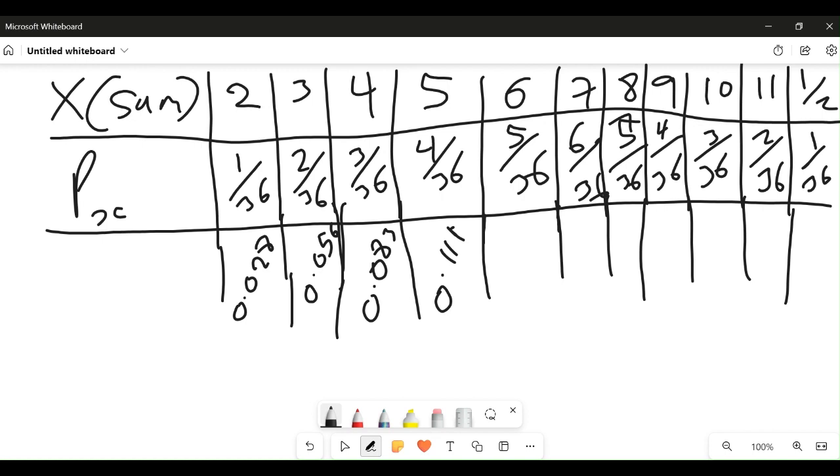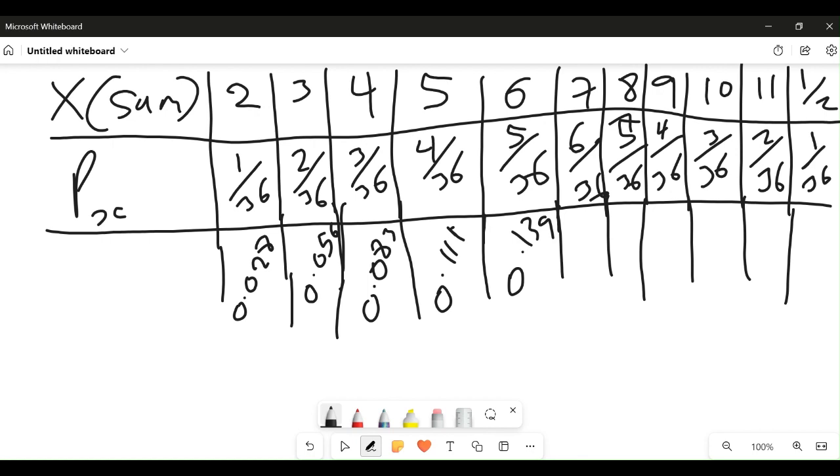Okay. What is 5 divided by 36? That's 0.13. Okay. Not 0.14. You are doing 3 decimal places. Okay. That will be 0.139. What is 6 divided by 36?